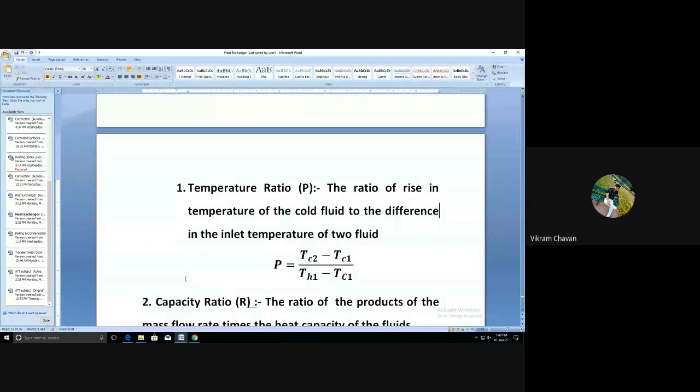So P will be equal to Tc2 minus Tc1, that will be the rise in temperature of the cold fluid, and inlet temperature difference of two fluids is Th1 minus Tc1.